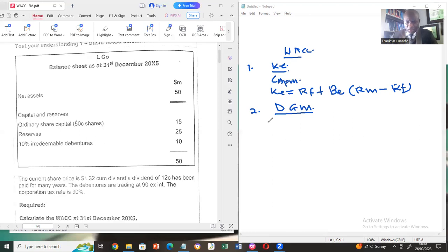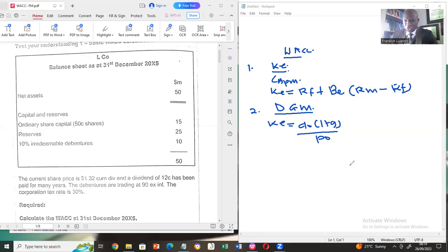Where there is growth, the cost of equity will be D0(1 + g) divided by P0. D0 is the dividend paid now, g is annual dividend growth, and P0 is the share price, which is supposed to be excluding dividends. So when the examiner quotes the share price as cum dividend, it means the dividend is included and therefore it should be removed.